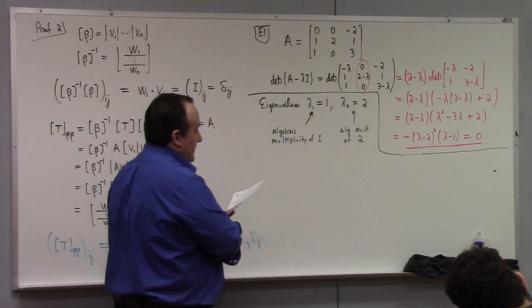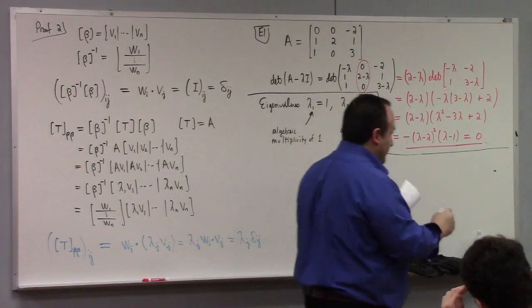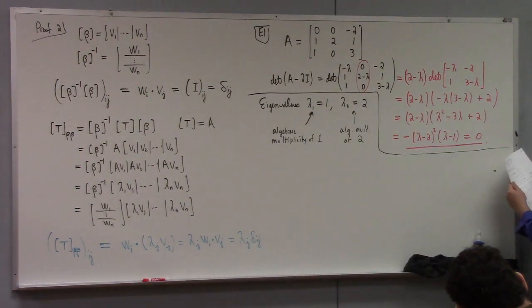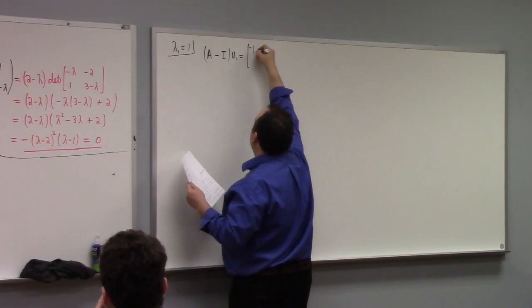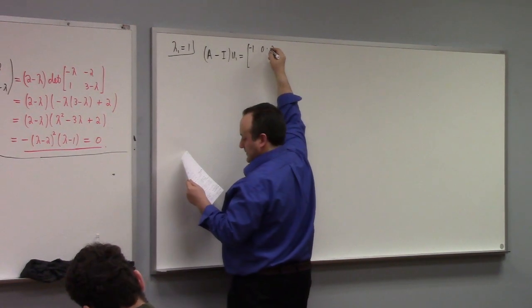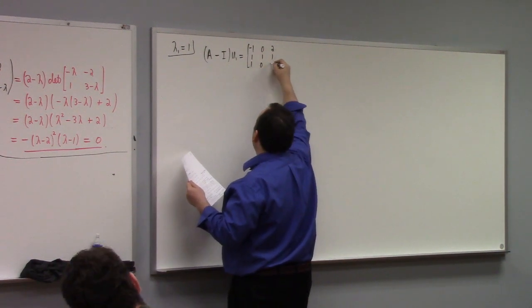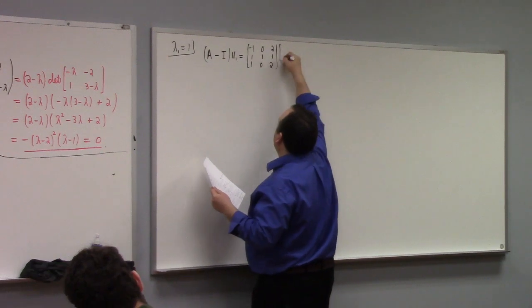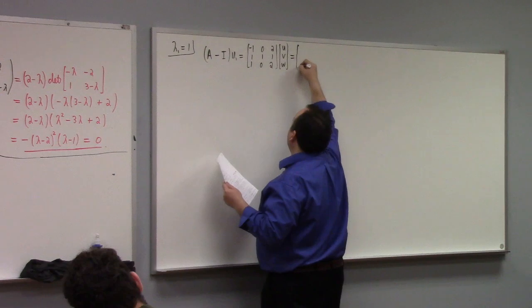So let's find our eigenvectors. For lambda 1 equals 1, I need to look at A minus I times U1, which is literally the matrix with rows minus 1, 0, 2; 1, 1, 1; 1, 0, 2, times my disposable variables U, V, W. I'm setting that equal to 0.